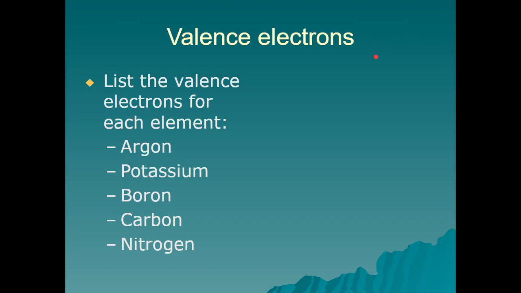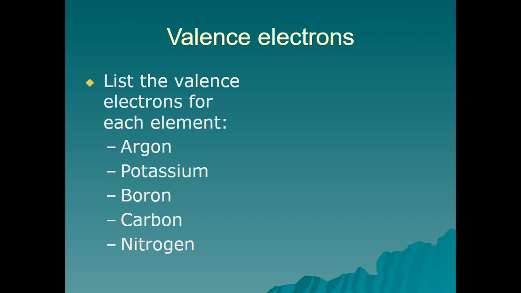Now I want you to pause and test yourself. We're going to list the valence electrons for each element. If you need to, get out your periodic table and go along with me. Find argon.